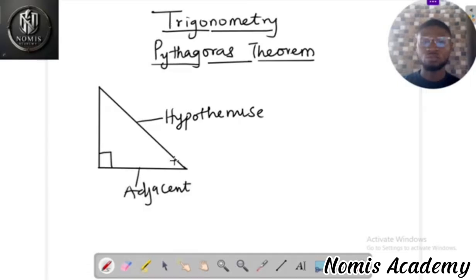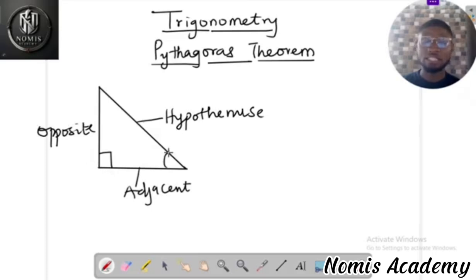Supposing this is so, we can tell that this is the opposite. Mind you, you might see some textbooks that will say this is an adjacent, this is an adjacent. That's still correct because this side is adjacent to this angle and this side is also adjacent to this angle.